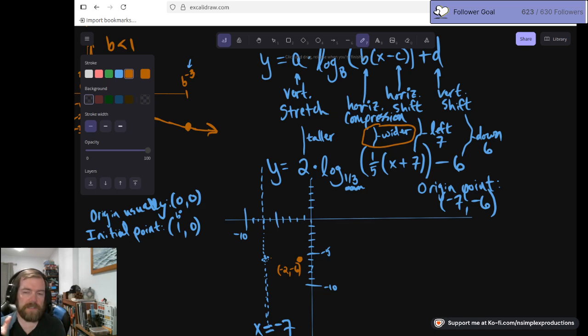And the distance that we travel up and down isn't going to deviate because of the vertical stretch factor. This is still going to get us 0 vertical movement from our origin point. Because normally we just move straight to the right from the origin to the initial, and in this case it's no different. We're just moving further than we normally would.